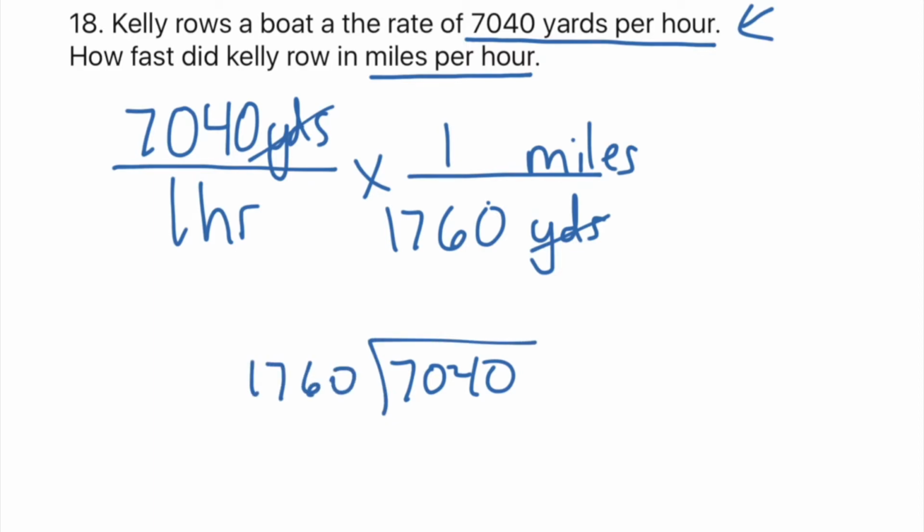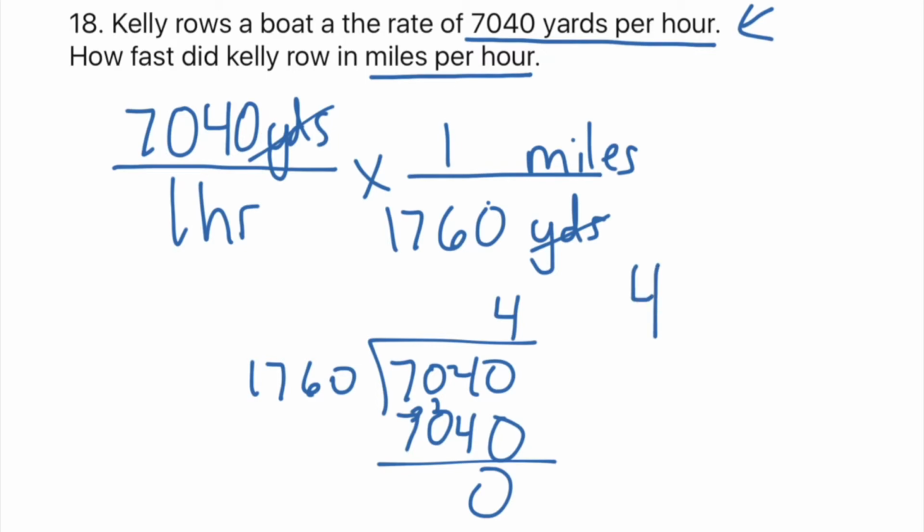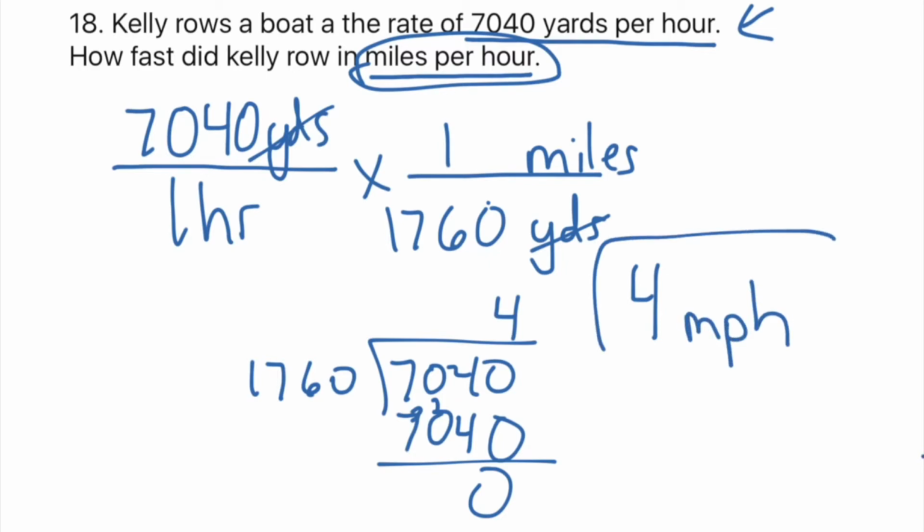And I believe this is going to be 4. Let's double check that though. Yep. So our answer is 4. And then again, make sure you have the right units, miles per hour. So again, just a simple conversion problem. None of these were squared or cubed, so you only had to have one unit multiplier.